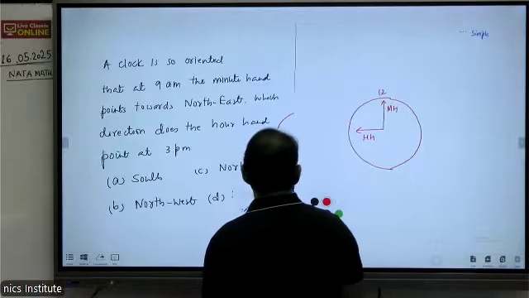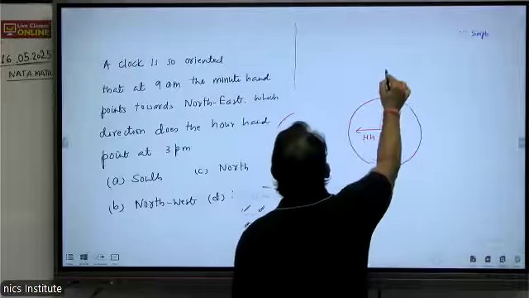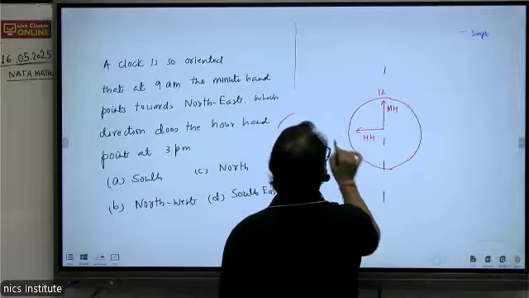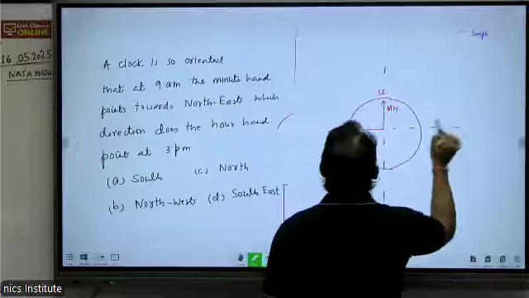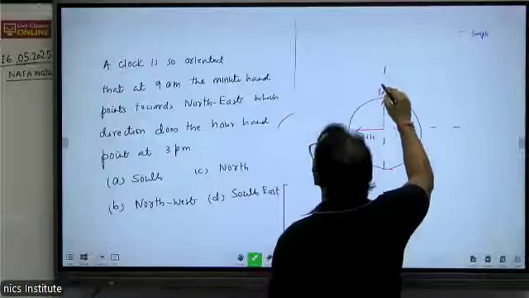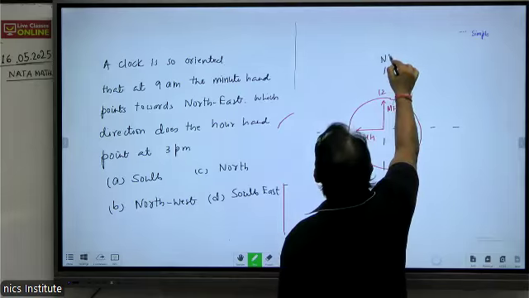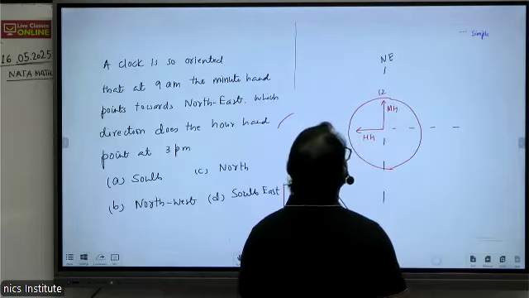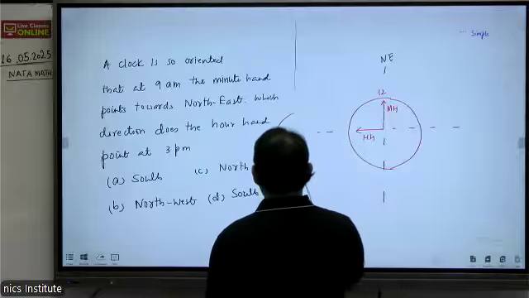The minute hand, and the directions are already given to us. It is pointing towards northeast, the minute hand. This is northeast. So if this is northeast, what should be the directions?